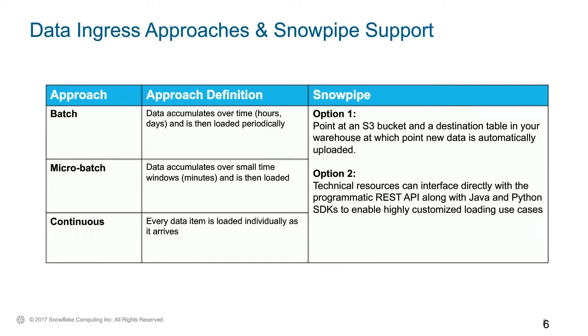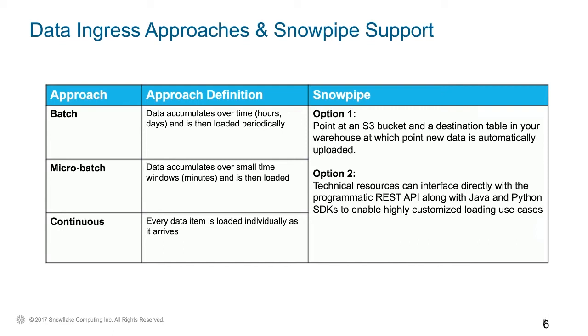I'll explain them in the following slides in a little bit more detail. But at a very high level, the first option is that you point a Snowpipe to a bucket in AWS S3, and you define event notifications on your S3 bucket, and then let these event notifications be sent to Snowflake.